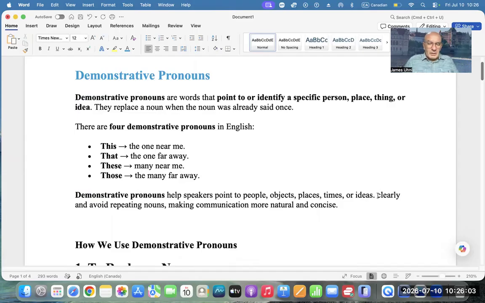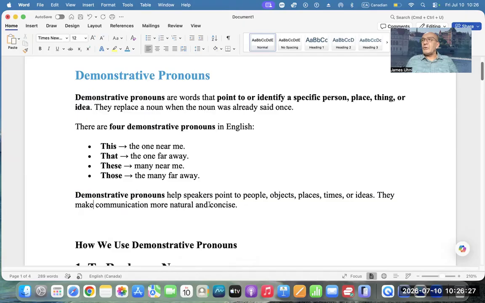So I can delete this one. And now I will use they, because we know already demonstrative pronouns. They make communication more natural and concise.